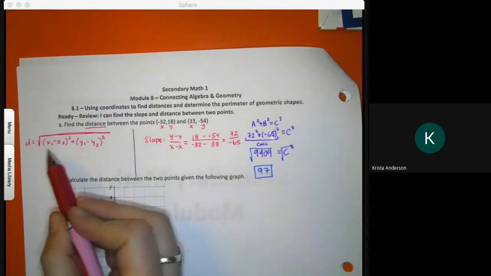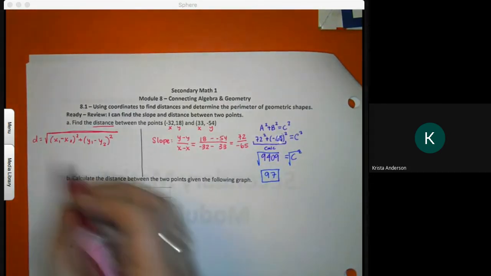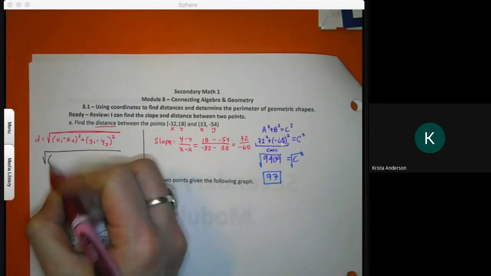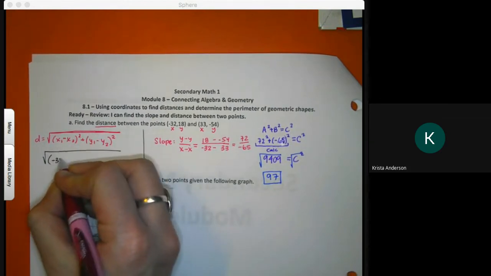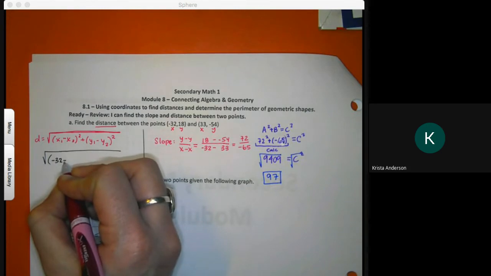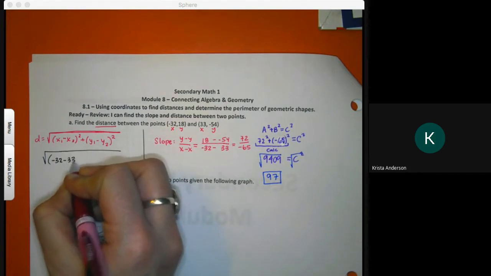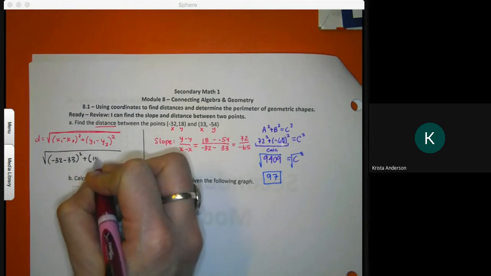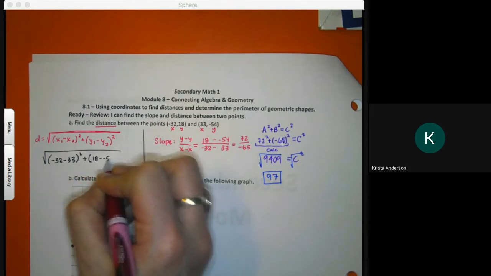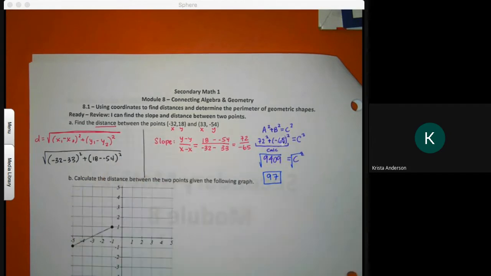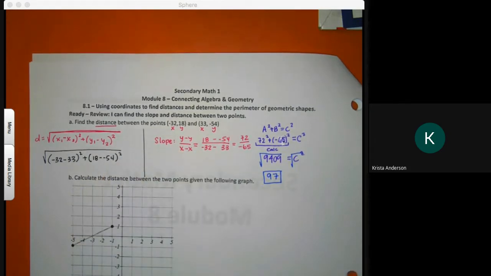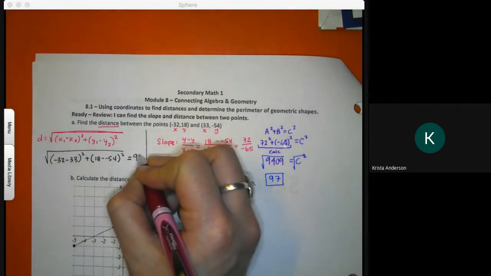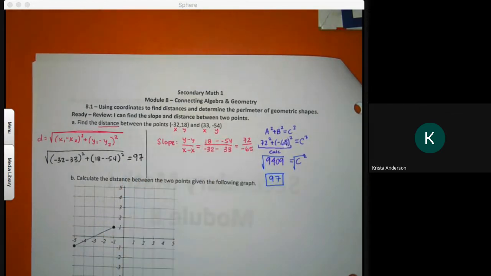So if I were to use this formula, I would enter it on Desmos like this. I would put -32 minus 33 squared plus my y's. And then it would calculate it all out for you. It would be 97, which I can show.